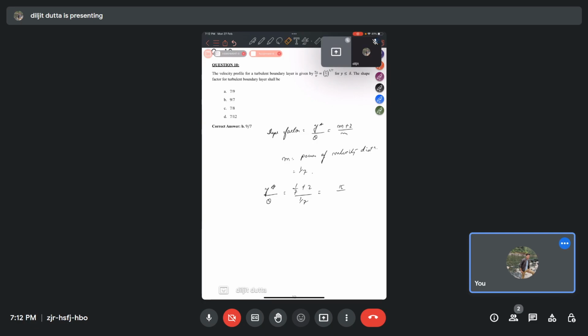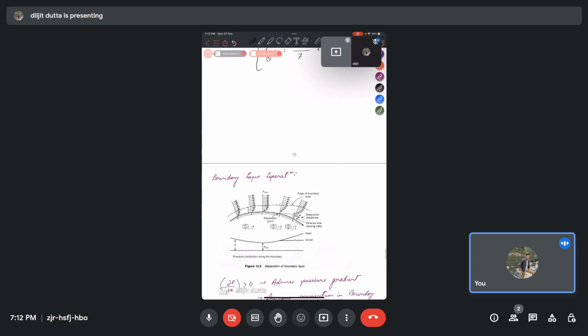Sorry, m is not 1/7, m is 7, the reciprocal of the power. So delta star by theta will be equal to 9/7. So the shape factor is 9/7.